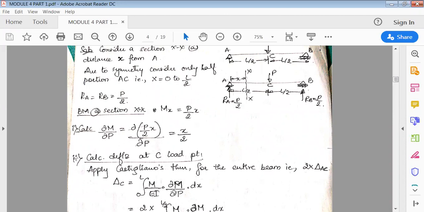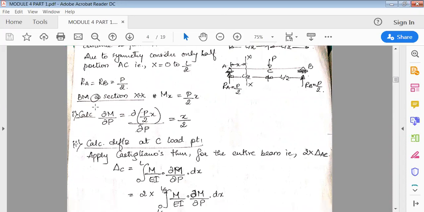Then I have to differentiate this moment with respect to P. I'll solve this separately and calculate dou M by dou P. M is nothing but the moment which I found here, P by 2 into X, so I've written P by 2 here. Dou by dou P I'll leave as it is, and only the moment M I'm going to write here. Now I have to differentiate. Okay, now how to differentiate this?